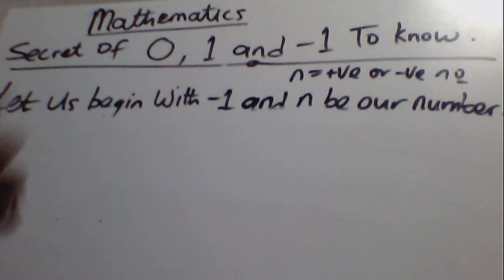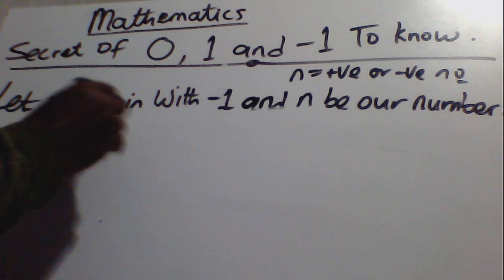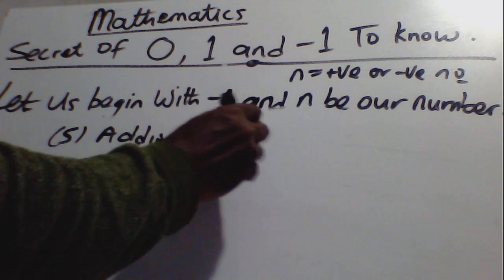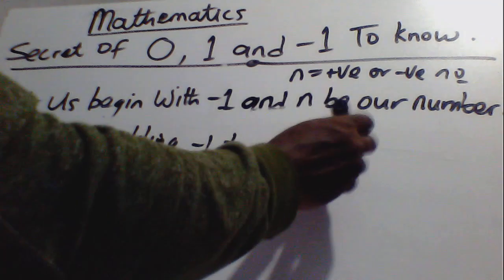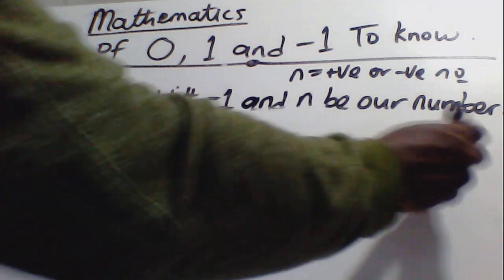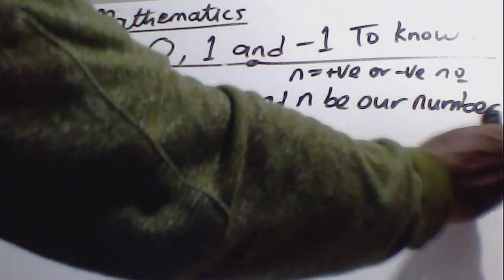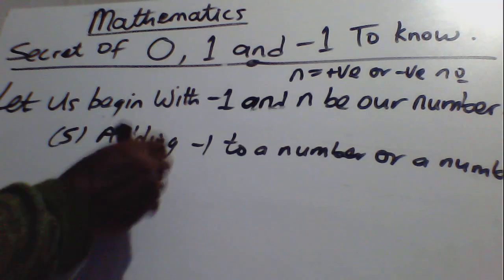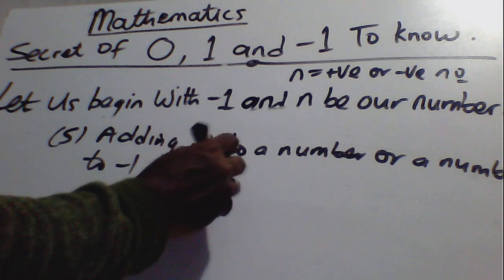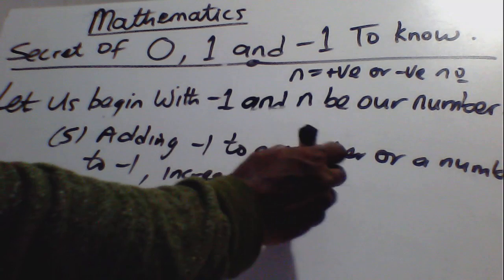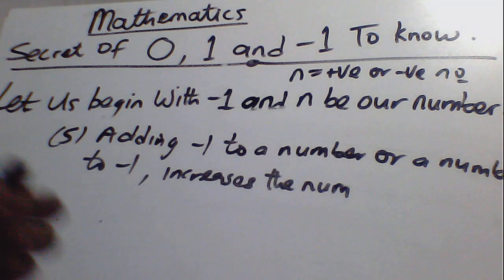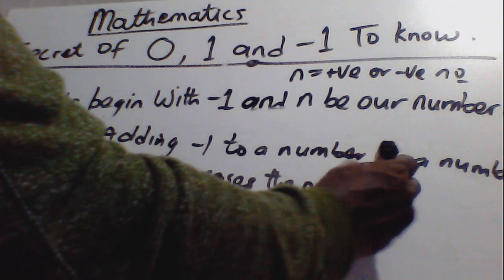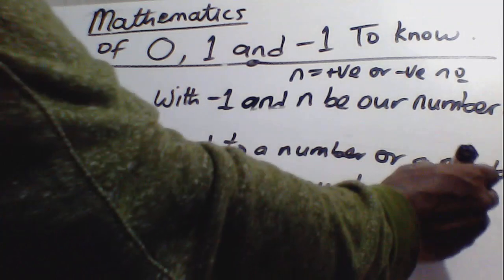So the next is the fifth one: adding minus 1 to a number or a number to minus 1 increases the number by 1.